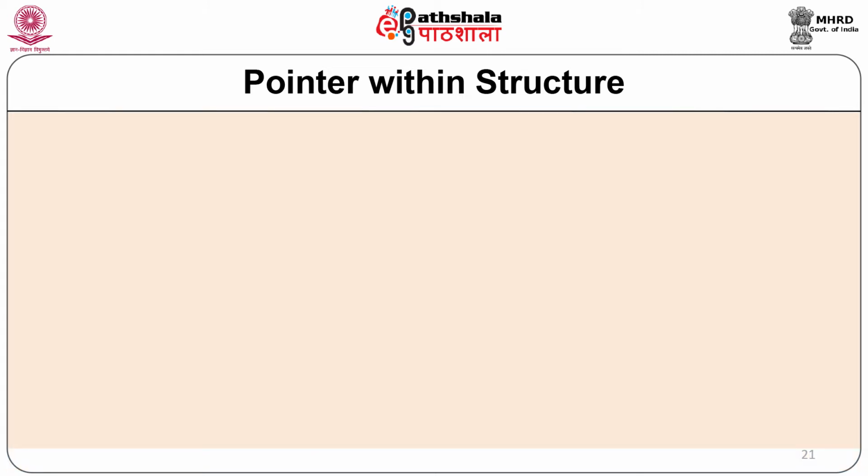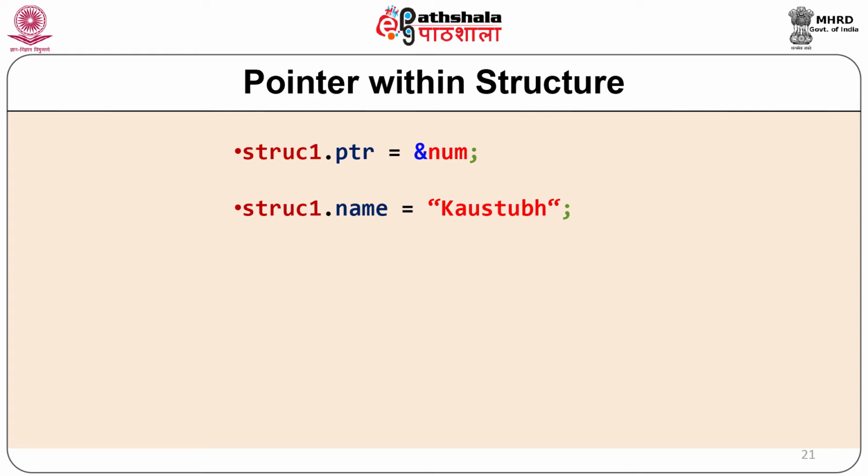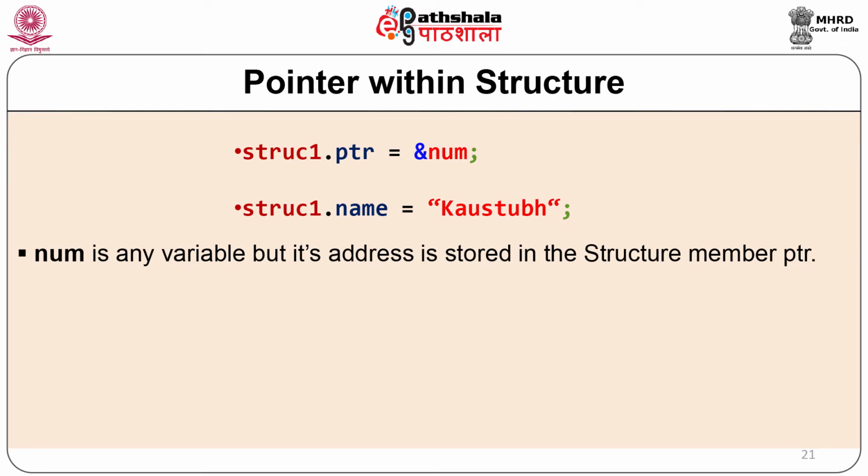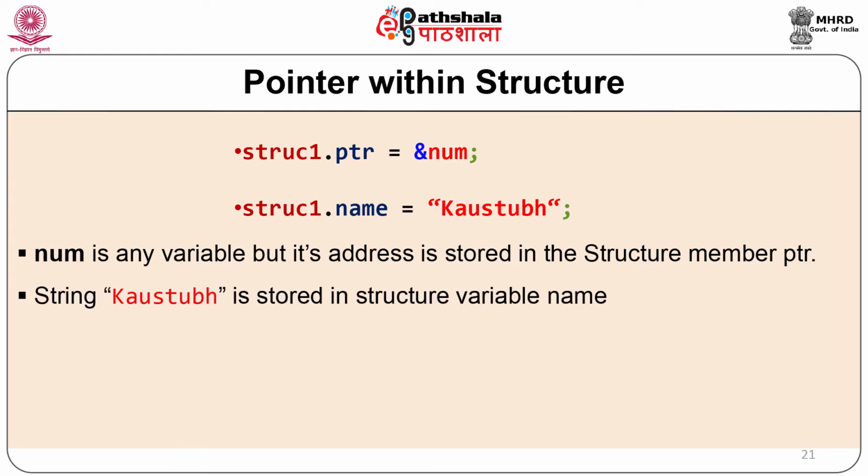Struct 1 is a structure variable which is used to access the structure members. Struct 1 dot ptr equal to num, struct 1 dot name equal to Kaustubh. Here num is any variable but ptr holds its address. Similarly, name holds the starting address of the string.